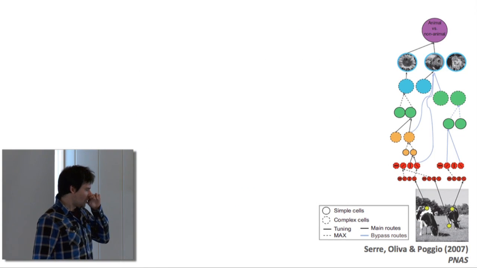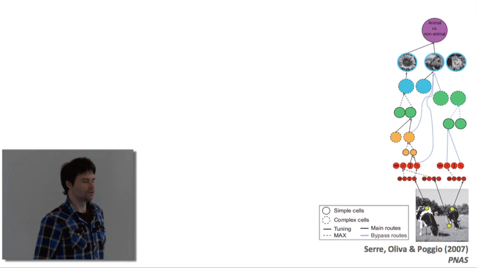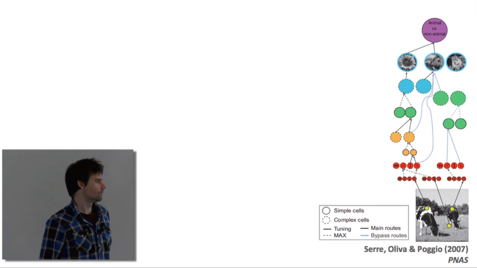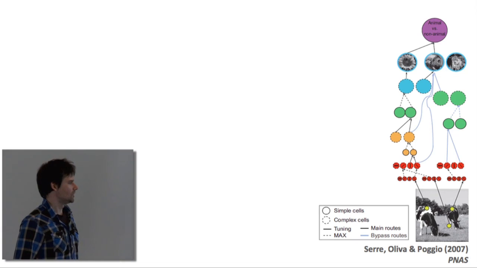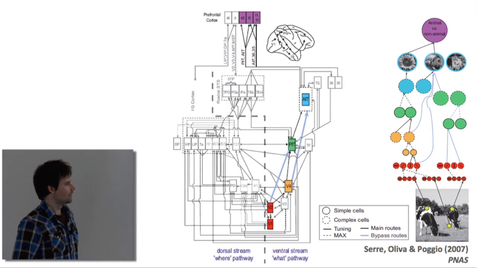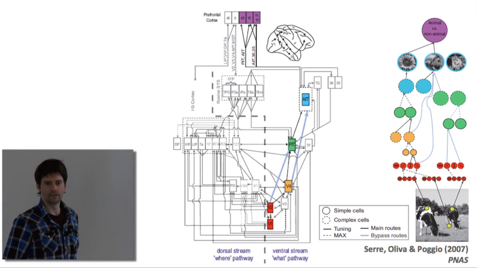So our job is to take these kinds of models developed in computational vision and in computational neuroscience, like the model of Tommy and Thomas Serre. You've seen this before; this is one of the few models that's really very closely motivated by the neuroscientific literature.